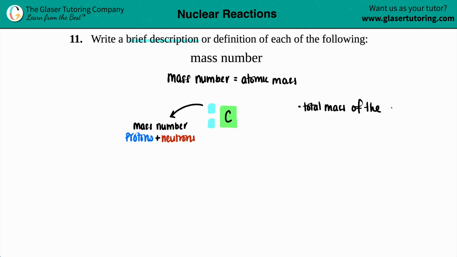Total mass of the nucleus, because you got those subatomic particles on there. So, total mass of the nucleus in u's, I guess we'll say, right? Atomic mass units. Because if you're talking about it in terms of kilograms or grams, it's not going to be that same number. So we'll say total mass of the nucleus in atomic mass units.